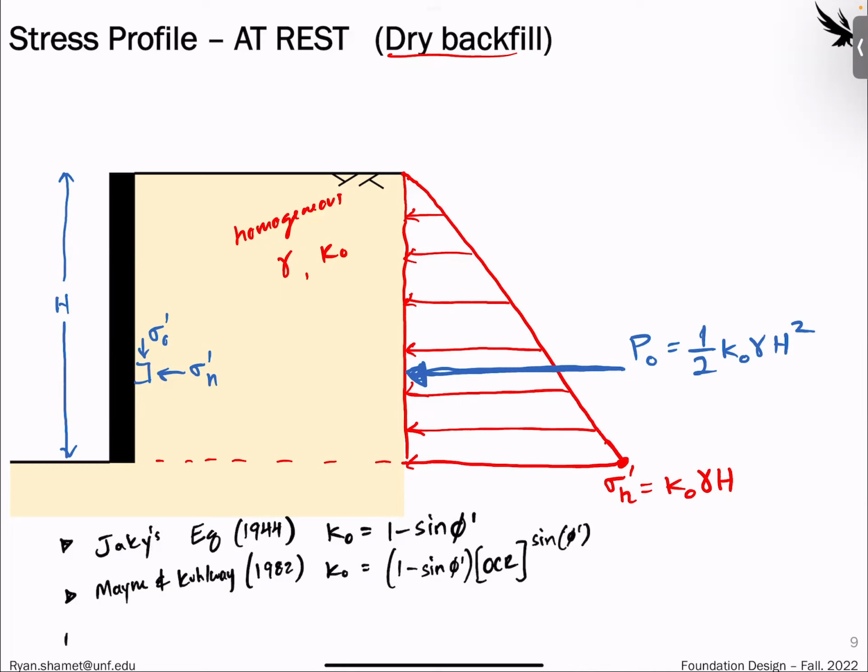And then the other one here, Brooker and Ireland, 1979. This one is empirically based, which is why the equation is just a simple statistical regression.